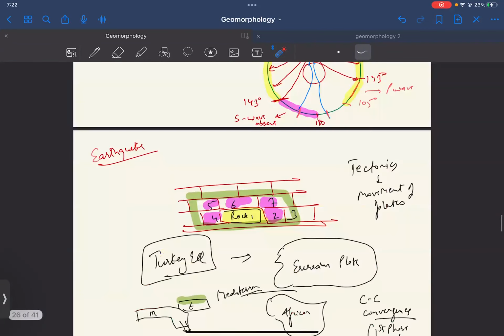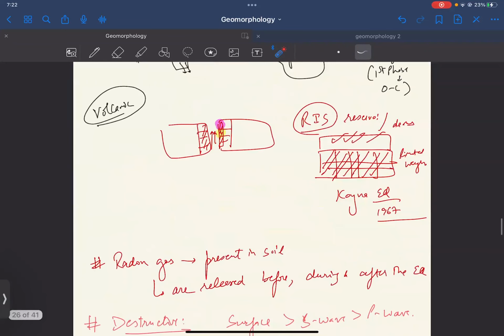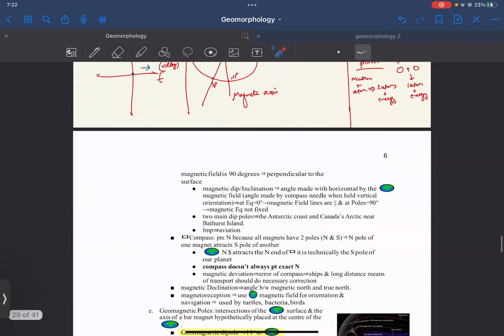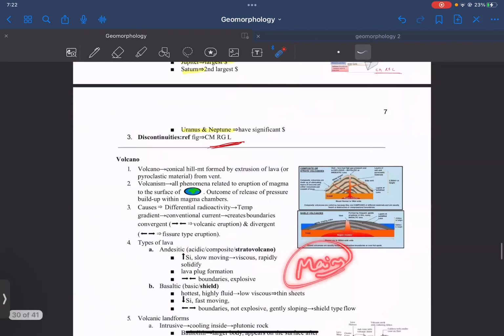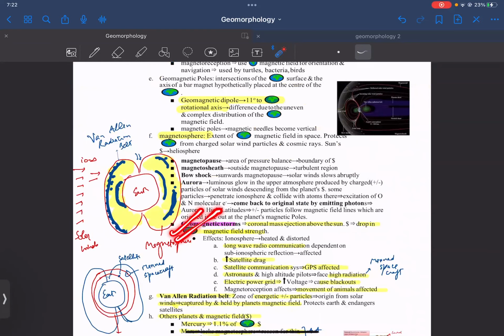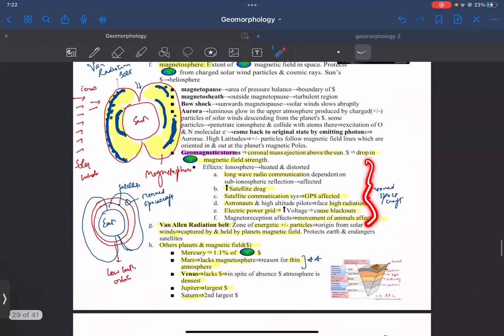Earthquake, see, UPSC has not asked a question on the topics we just covered, because these are not UPSC's main topics. But yes, last year they asked a question on geomagnetic storms. So what are its impacts? They were almost 6-7 points. It was a direct, easy question.